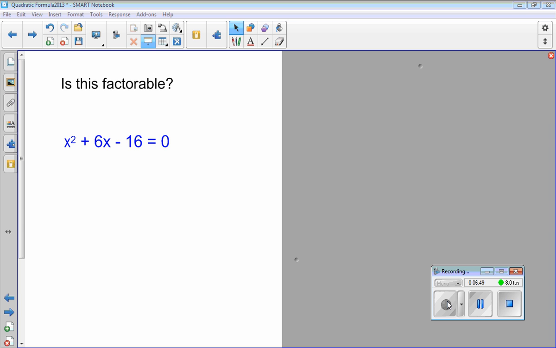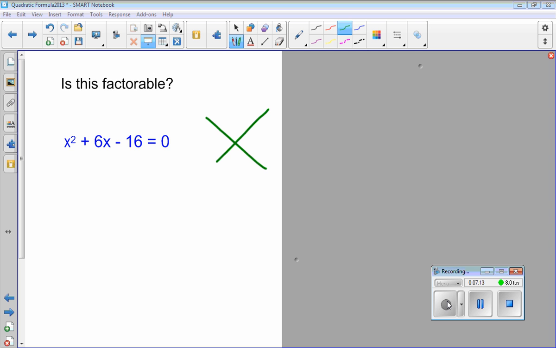So we're going to look at this particular problem. Is this problem factorable? Yes or no? No. How would I check? Okay, first look for a GCF. Is there one? There's no number that I can take out of each of these, right? There's no GCF. Yes, this is the example I want you to put in your notes.